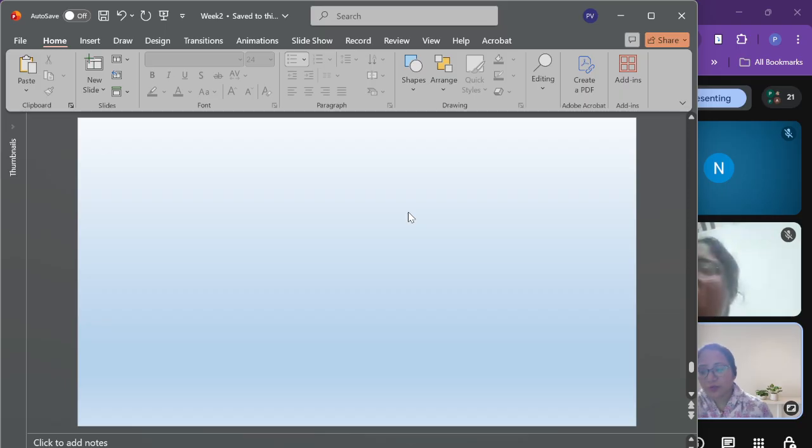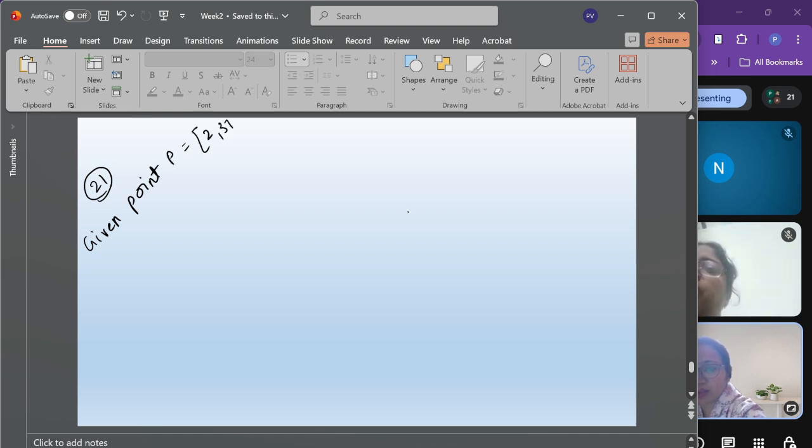Okay, so first we need to represent the given point. For question number 21, the given point P is (2, 3), right?